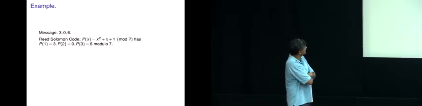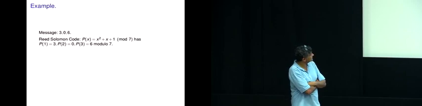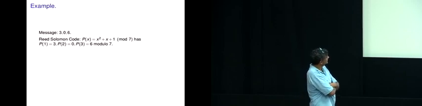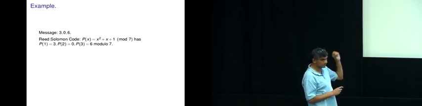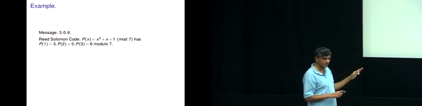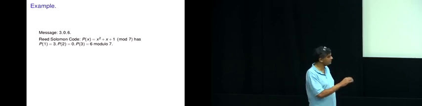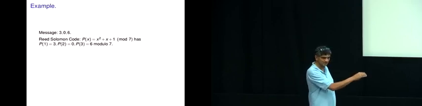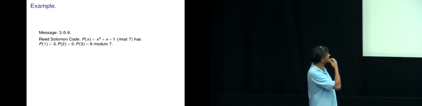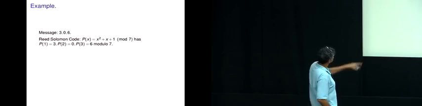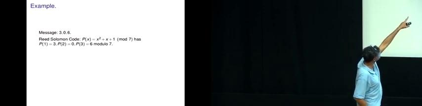Here's this Reed-Solomon code. Here I've encoded the message 3, 0, 6 as this polynomial. Remember, in this encoding scheme, I'm encoding the polynomial as the value at point 1, the value at point 2, and the value at point 3. So P of 1 is equal to 3, that's the first packet.